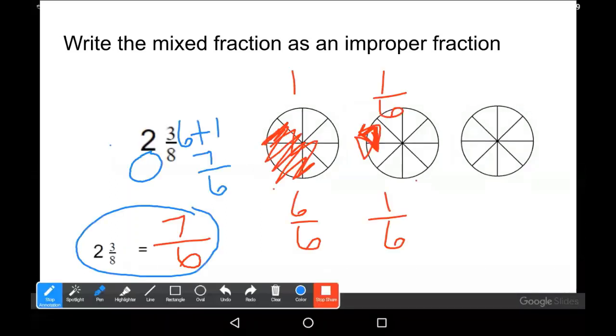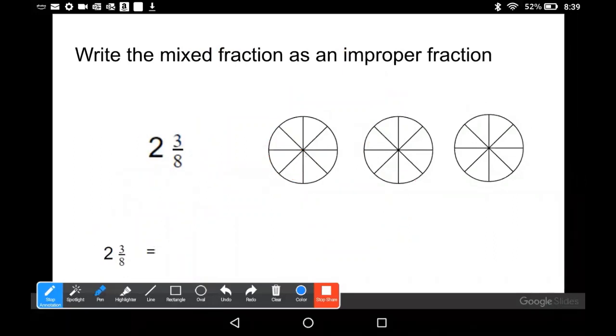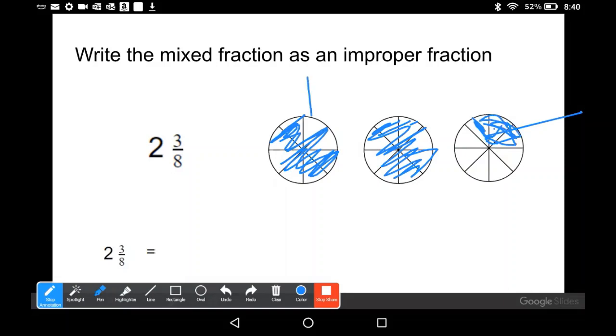Okay, 2 3/8. So that means I have 2 whole pizzas, plus another 3 pieces. So I have 1, 2, and then 3/8 of a pizza. That's what it means to be 2 3/8.